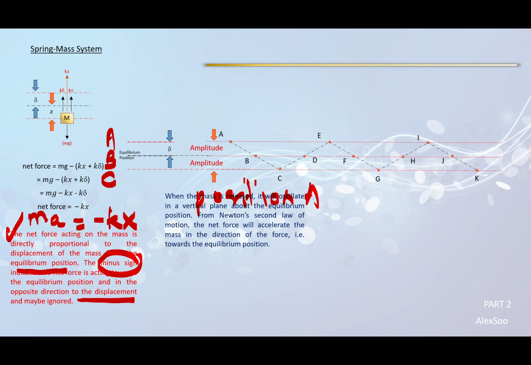And then at position C, the net force is equal to Kx, where mg and K delta have cancelled out, so it's equal to Kx, which is an upward force, which from here will bring the mass back to position E. And at position E, the same thing happens again, where the deformation of the spring becomes 0, and the weight of the mass is greater than the upward force, so the mass will start moving back to G, and then it repeats to I, and then to K, and it repeats continuously.